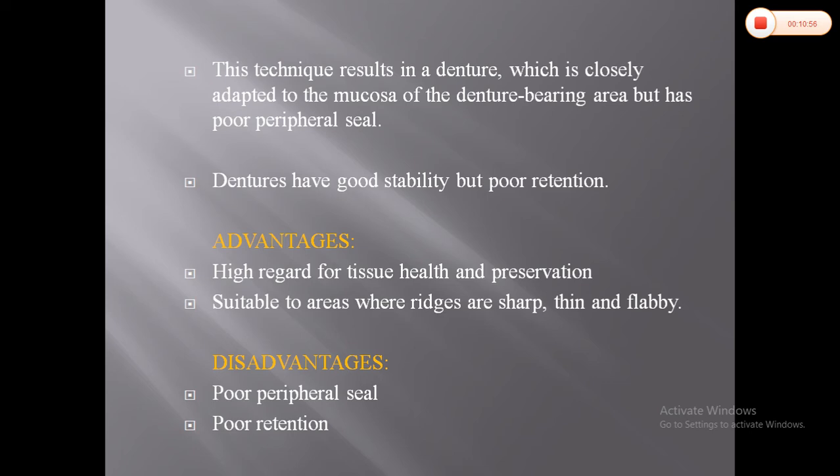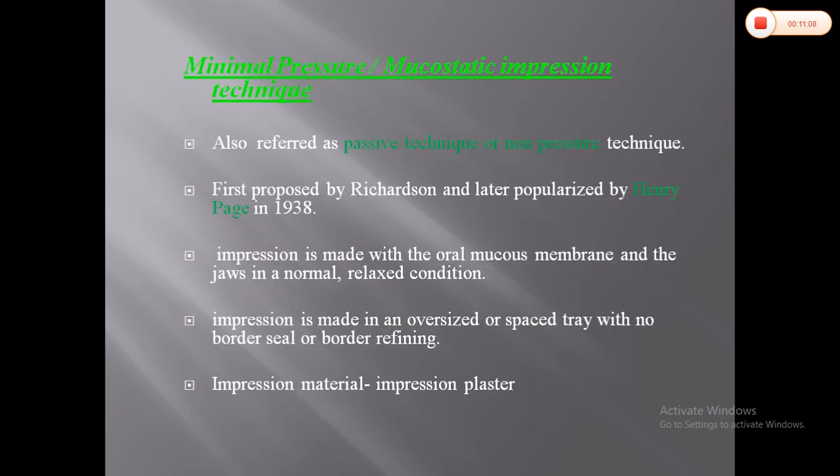The advantage is high regard for tissue health and preservation, suitable to areas where it's sharp, thin and flabby. The disadvantage is poor peripheral seal, so you get poor retention. So tissues recorded at rest position is the mucostatic impression technique.